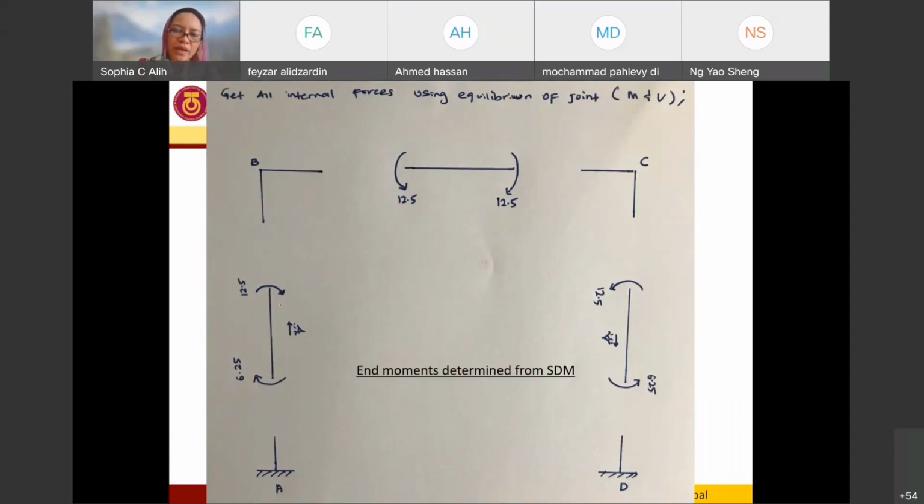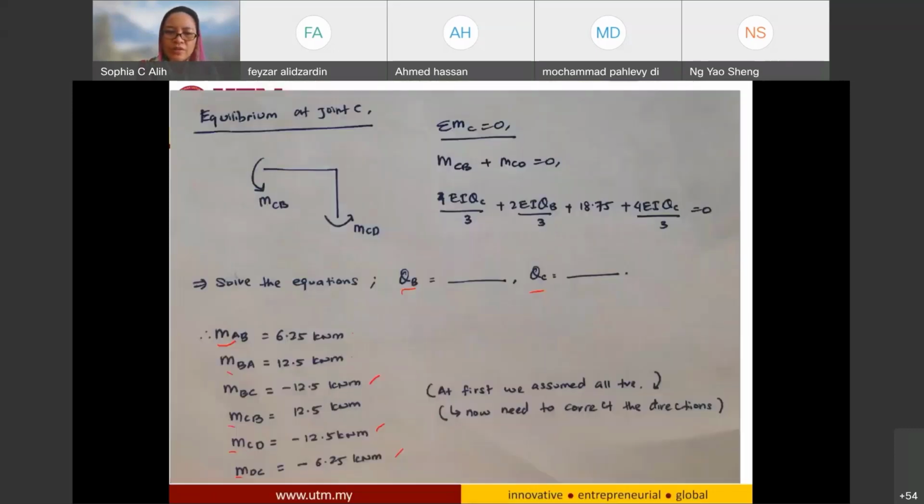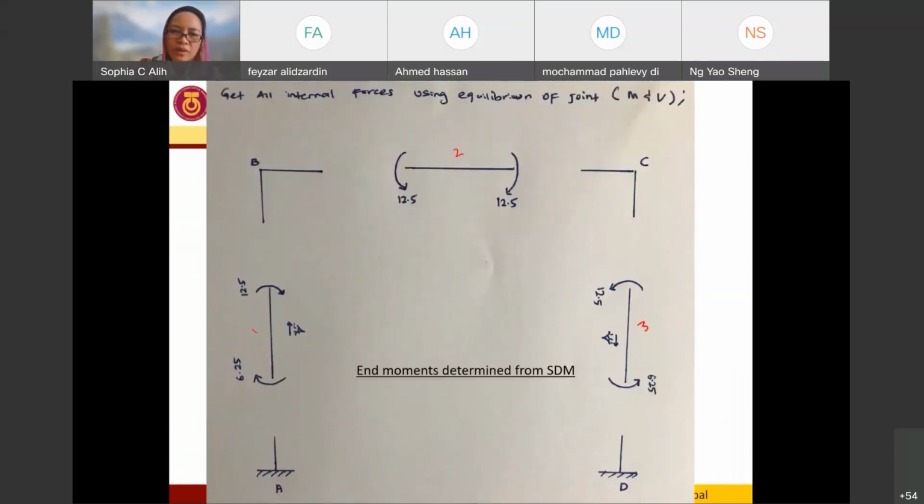This is member AB, the first one, member BC, and member CD that I have already determined. So this is clockwise, positive 6.25, and another positive 12.5, also clockwise direction. However, for member BC, it's going to be negative 12.5 and positive 12.5. So I will have counterclockwise direction, negative, and clockwise direction, positive 12.5.